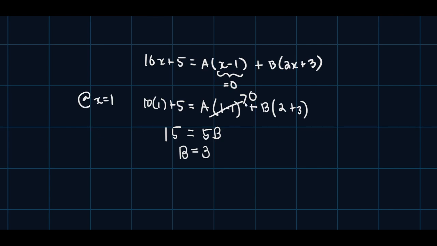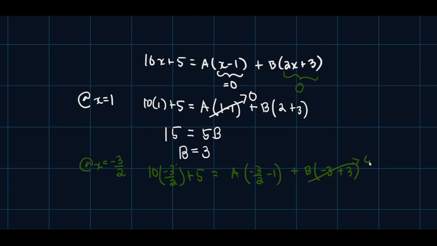Okay, next one. Gusto naman natin isolve yung value ng a. So we have to make this equal to 0. And that happens at x equal to negative 3 halves. So at x equal to negative 3 halves, 10 times negative 3 halves plus 5 equal to a times negative 3 halves minus 1 plus b times negative 3 plus 3.